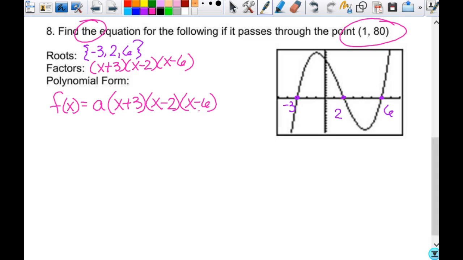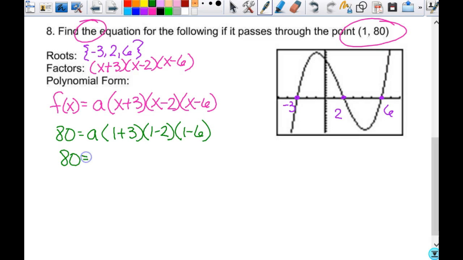But tell me, is a positive or negative based on your graph and end behavior? Positive. Okay, good. So I have that point. I'm going to substitute that in. F of x is 80. That's equal to a times 1 plus 3 times 1 minus 2 times 1 minus 6.